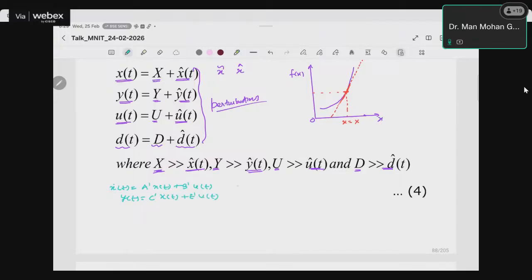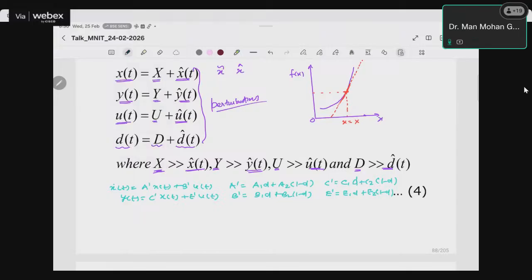That's what our equation is. A dash is nothing but A1 d plus A2 (1 minus d), and like that. B dash is B1 d plus B2 (1 minus d), C dash is C1 d plus C2 (1 minus d), and E dash is E1 d plus E2 (1 minus d).